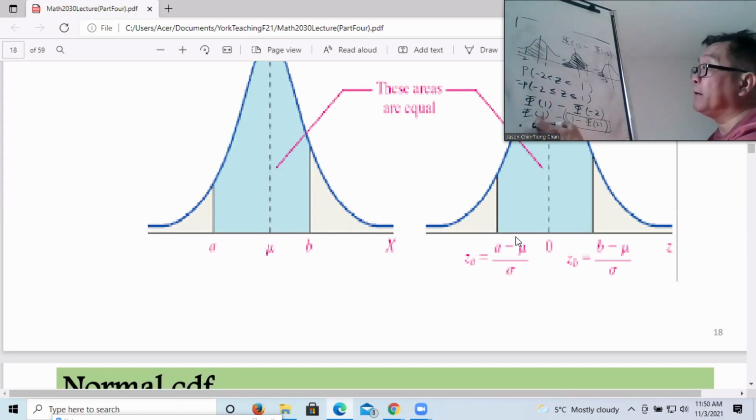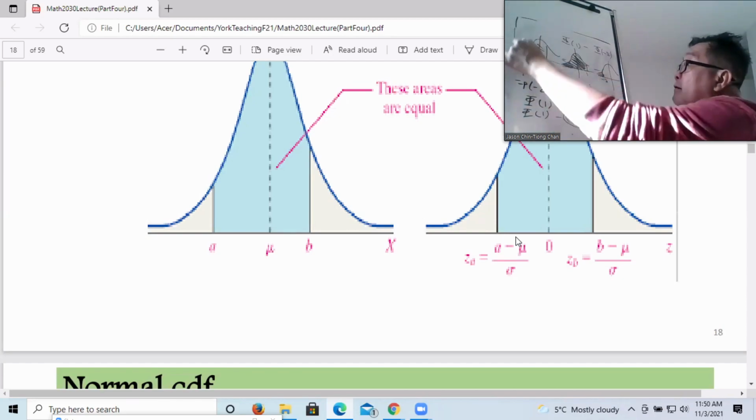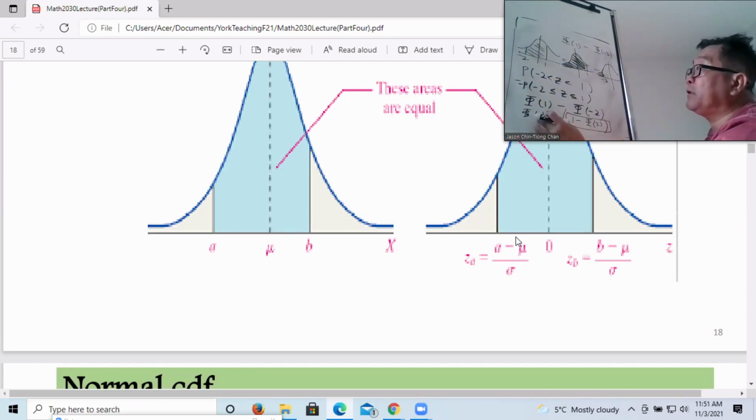So now we can use the table. Can you refer to your table and help me to get the value? The answer cannot be negative. What do you get for this one?